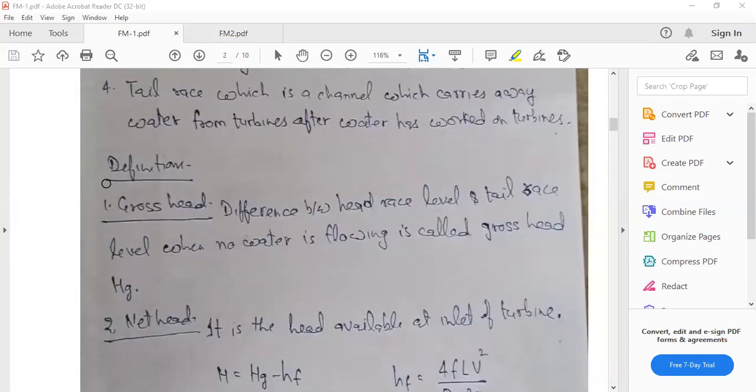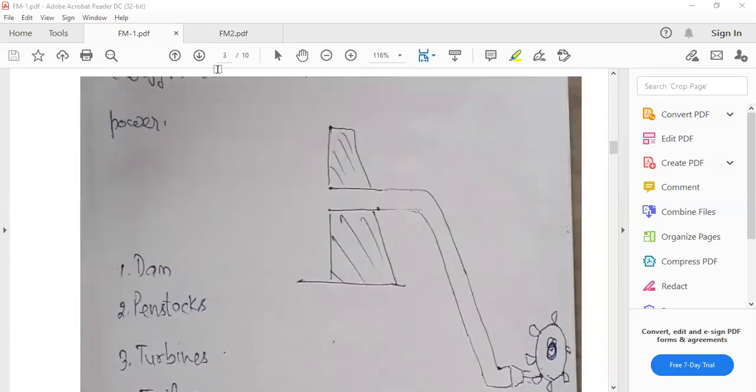Then we have small definitions related to these turbines. First one is gross head. What is gross head? The difference between head race level and tail race level when no water is flowing is called gross head. Okay, so you can see this one is head race level, the highest height at which water is filled in the dam.